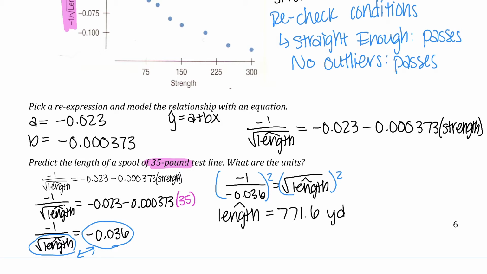And then, of course, you would say something like, according to the model, if I had a 35-pound test line, I would predict that the length would be around 771.6 yards. All right, I'm not going to write that sentence here, but you can write it yourself if you want it. Okay, so the important thing here is that you're including that re-expression in your equation, and then you know how to undo the re-expression to get back to the y hat.